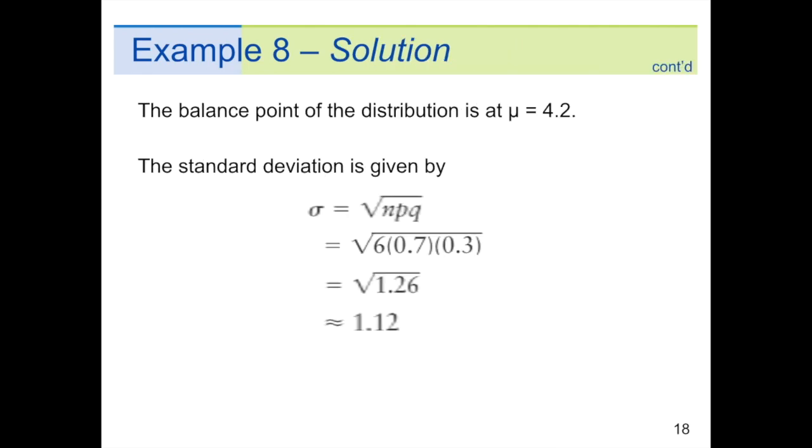The balance point of the distribution is at mu, 4.2. The standard deviation is given by the square root of npq, which is the square root of 6 times 0.7 times 0.3, which is the square root of 1.26, which is approximately equal to 1.12.